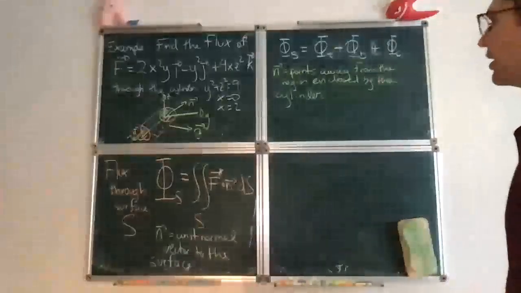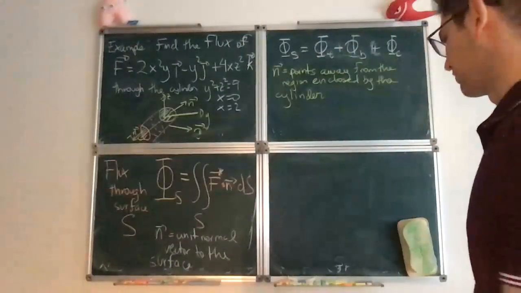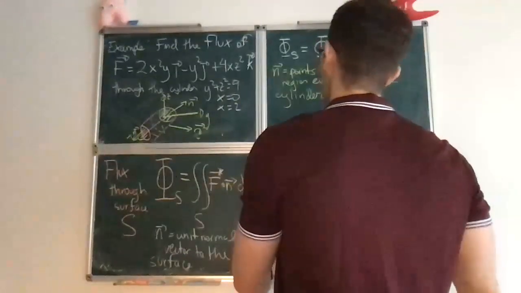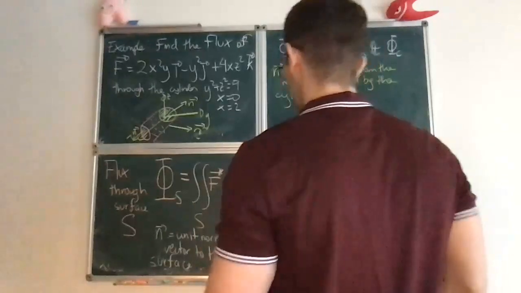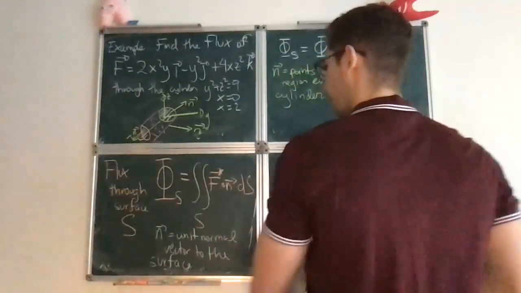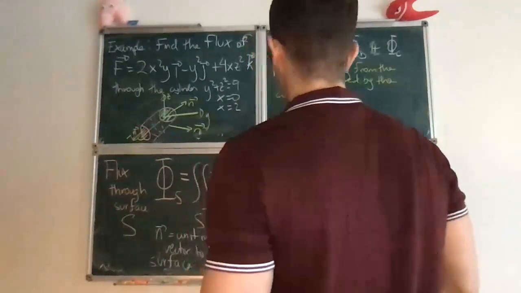And so now let's start with top and bottom, because those are the easiest to compute. So, again, this is the official definition for the flux. What's the flux along the top part?